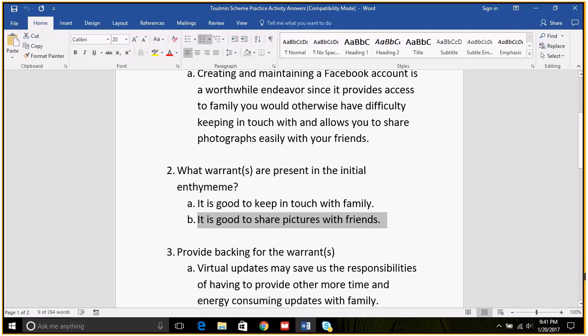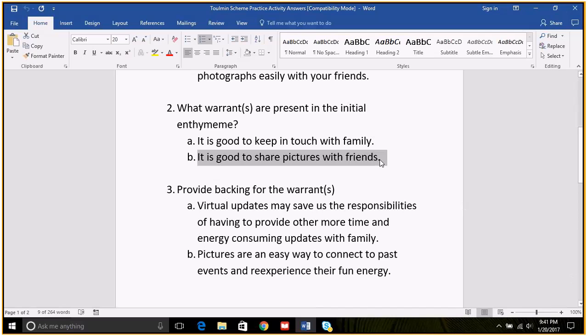Okay? So let's just pretend that our two warrants here are not going to be warrants shared with the audience. What we have to do in that case is back them up. Backing's not something that you have to have in every essay. If you need it, you need it. Basically, as a writer, you're going to have to put yourself in your audience's shoes and see: is my audience going to find this a problematic warrant?